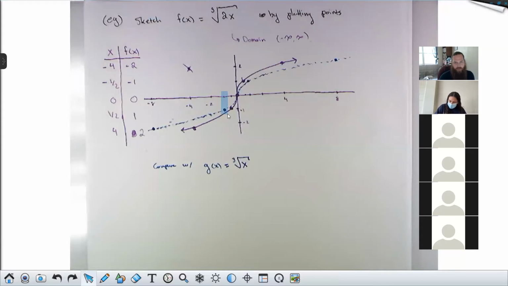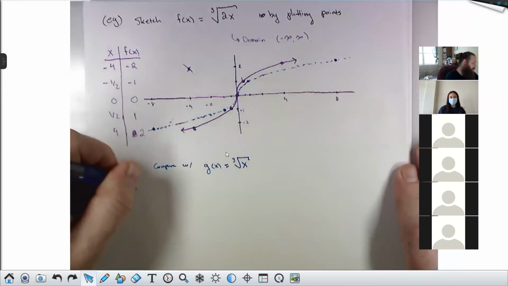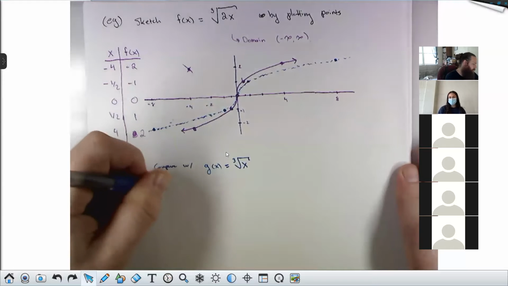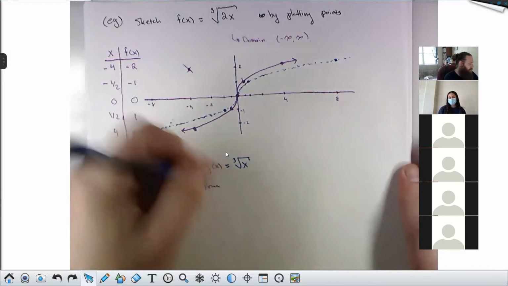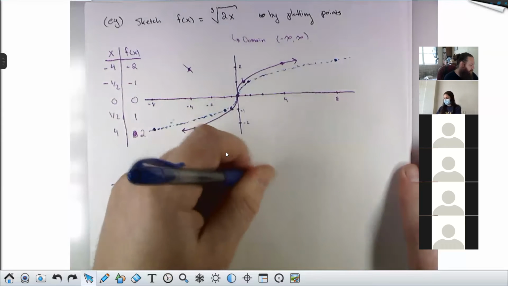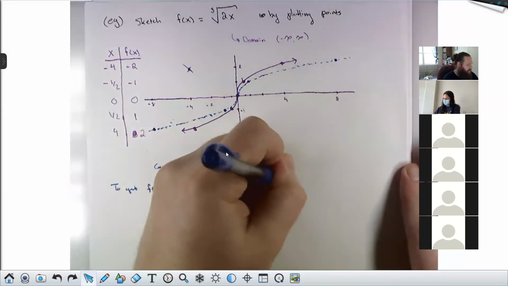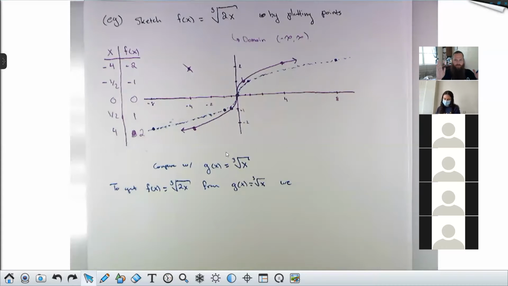Or if I take this guy, -1, comma -1, and I cut his x value in half, that will drag him over here to -1/2, comma -1, which is the point on the purple graph. So what's the relationship? To get f of x equals the cube root of 2x from g of x equals the regular cube root of x, we scale horizontally by a factor of 1/2.